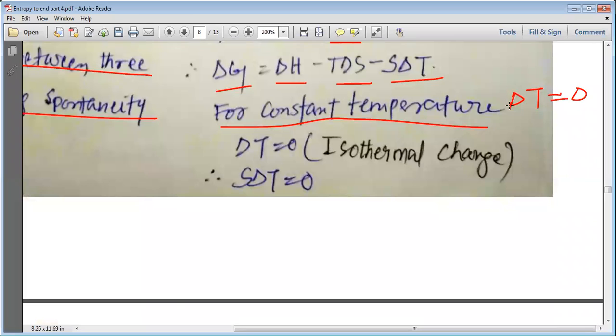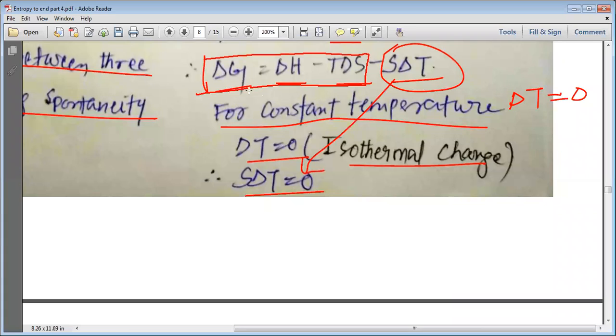That shows the temperature is constant. Therefore, delta T is equal to 0. That means it is an isothermal change, and that is why S delta T is equal to 0. Now you can see that this term S delta T becomes 0. So finally what we get is delta G is equal to delta H minus T delta S.